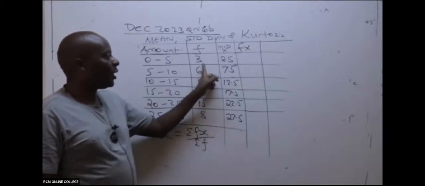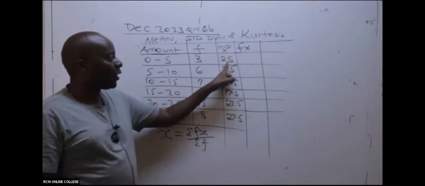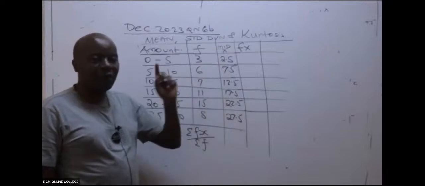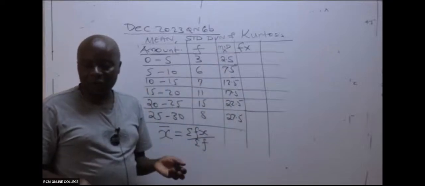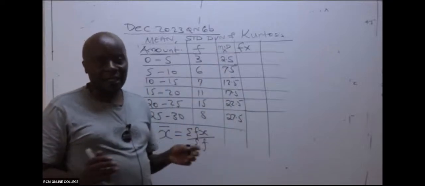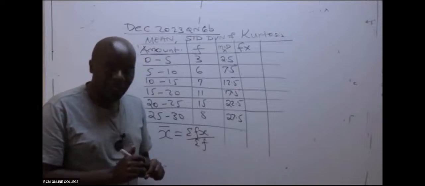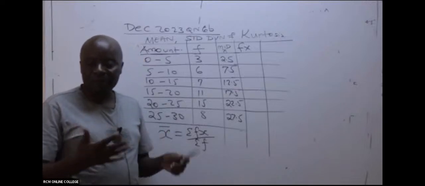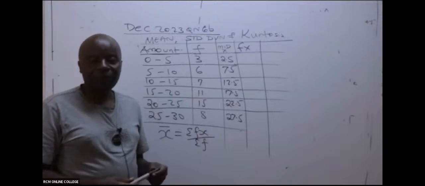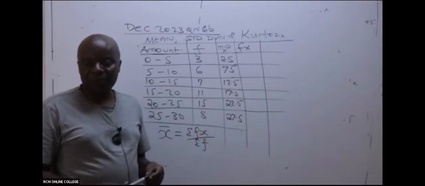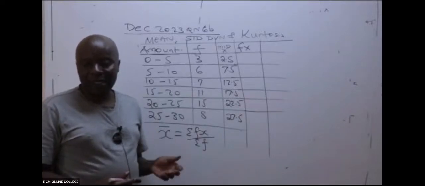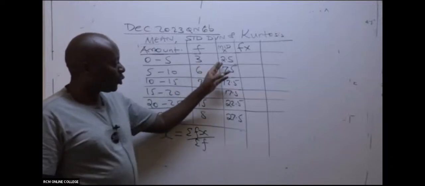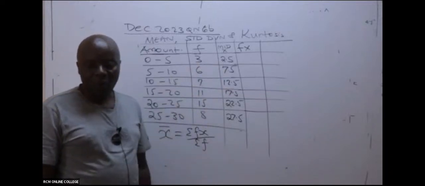So you take 3 times this midpoint x value. 3 times 2.5, please give me answers. I don't have a calculator of my own. I also don't like carrying calculators because I would want this to be conversational. I want us to engage. So 3 times 2.5, what do we have?